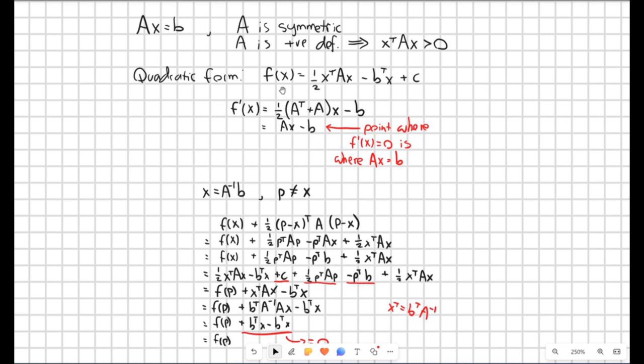So what we're going to do is start off with an initial guess at x, and let it walk downhill in an effective way until we reach the bottom of f of x. And then by definition, once we get there, we've found the x for which it's true that Ax is equal to b.